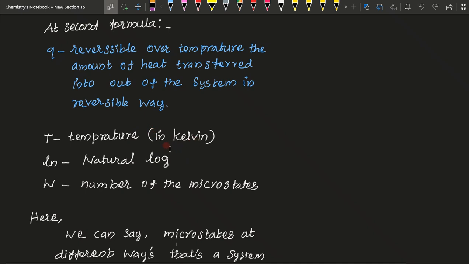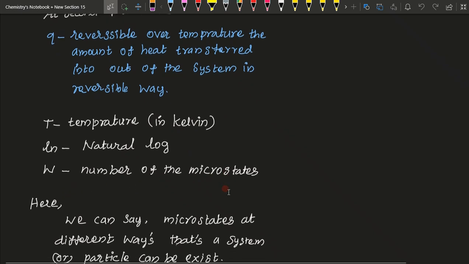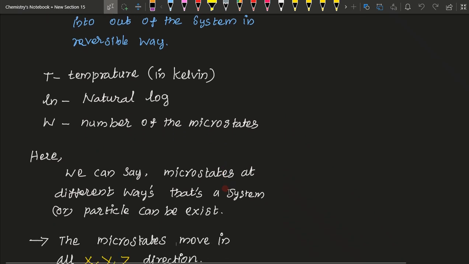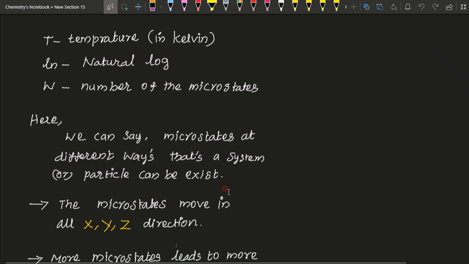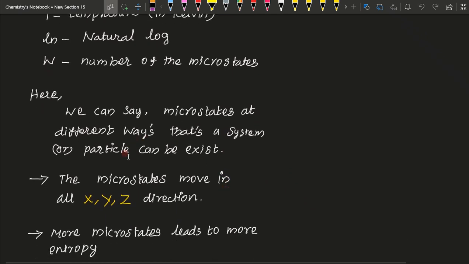Temperature is denoted in Kelvin. ln is the natural log, W is the number of microstates. Microstates are the different ways a system or particle can exist. Here particle means it may be atoms, ions or molecules.